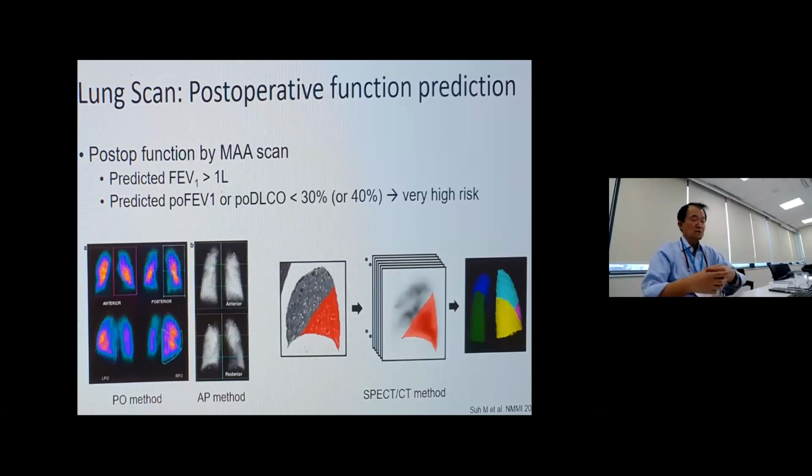So they have to know the predicted lung function after either pneumonectomy or lobectomy. We use the FEV1, from the routine lung function test. FEV1 is normally greater than 2-3 liters per second, and after surgery we have to maintain at least greater than 1 liter.